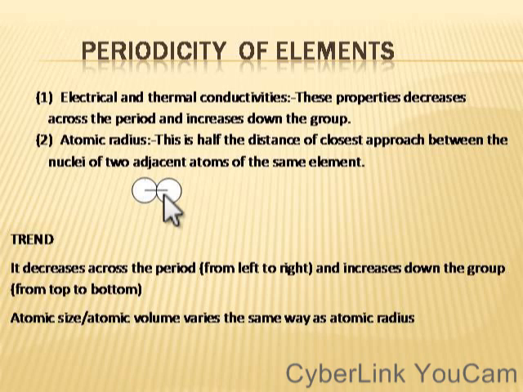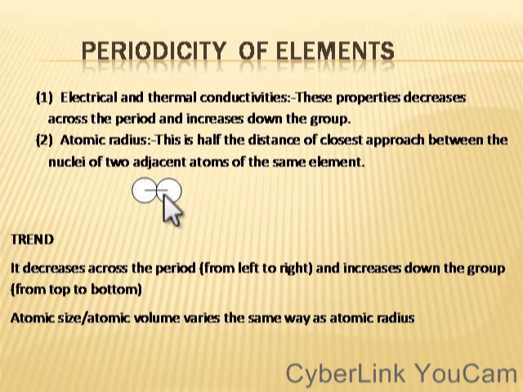Since the number of shells increases, the distance between the valence shell, that is the outer shell, and the nucleus becomes greater, they are far apart, and the repulsion between them is greater. That is known as the shielding effect.